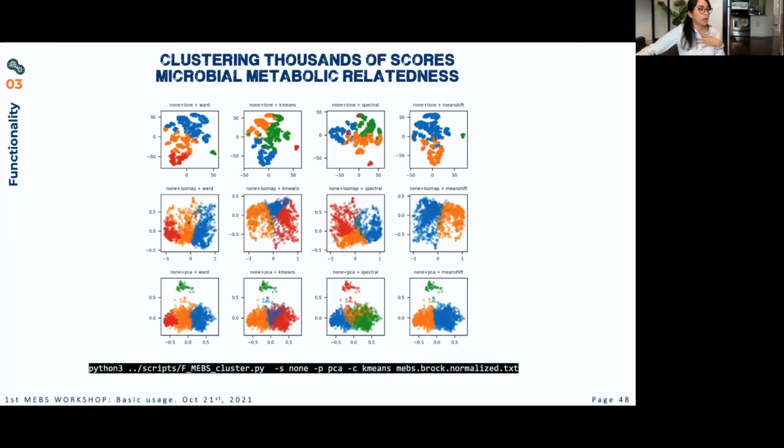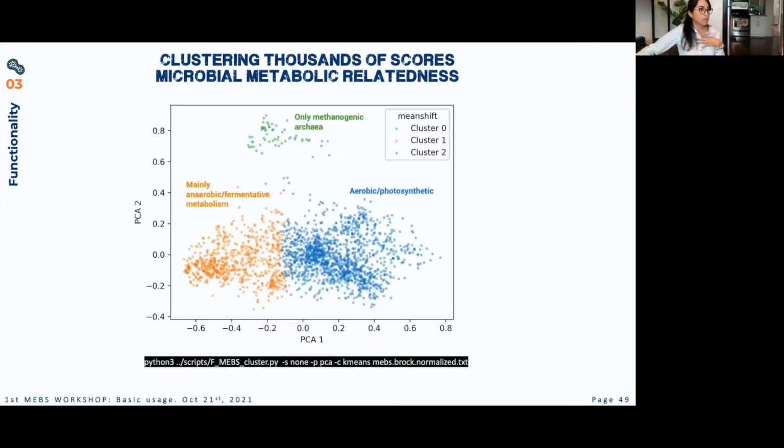And so with the same script, we can have that specific graph, and we can get the genomes that belong to each of the clusters here. And when we analyze the organisms that belong to these clusters, we can see that we can have some sort of metabolic relatedness just by plotting the scores.